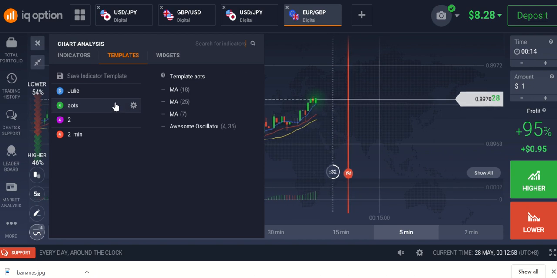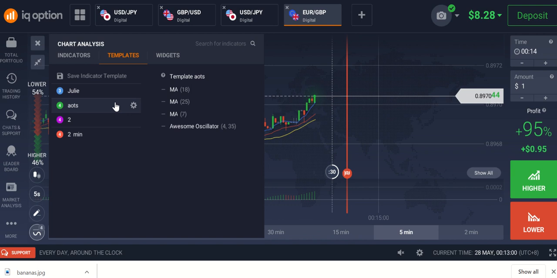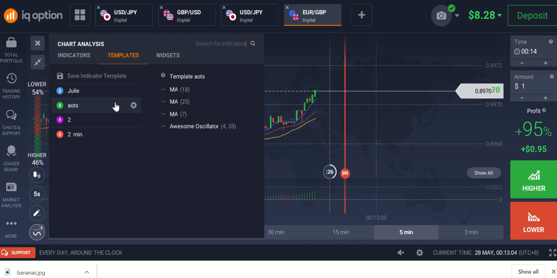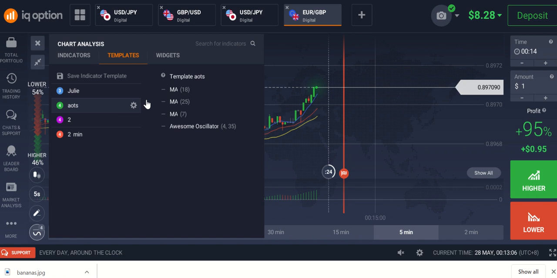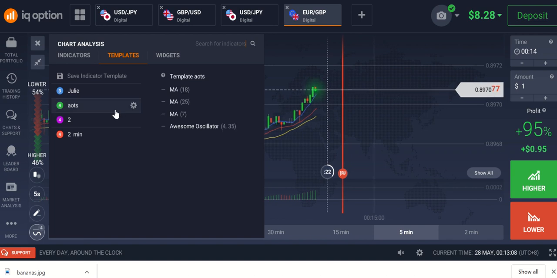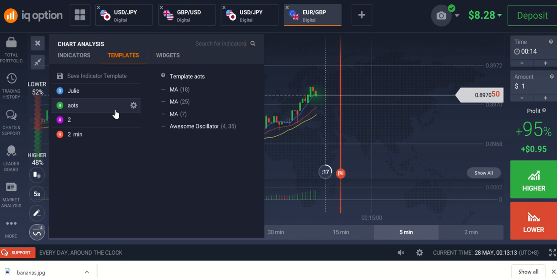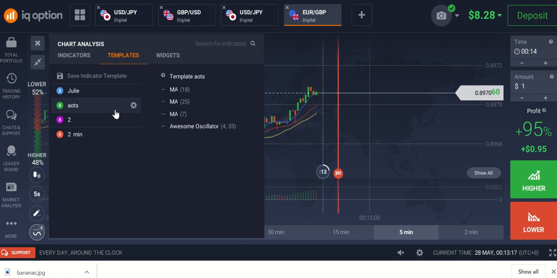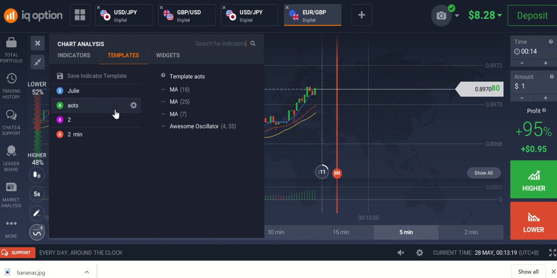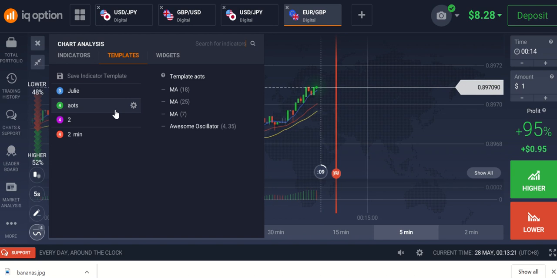The goal here is that the faster MA should be higher than the slower ones. This is the faster MA, right? MA7 must be above MA18, and MA18 should be above MA25. If we have that format, that would simply indicate that we are in an uptrend.